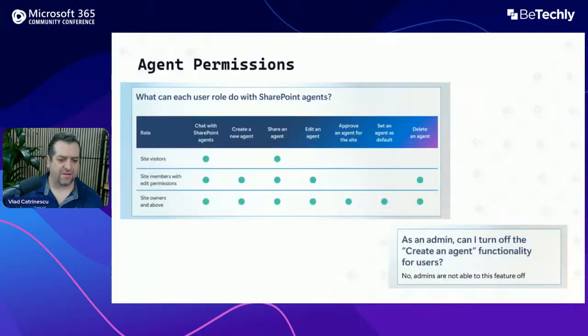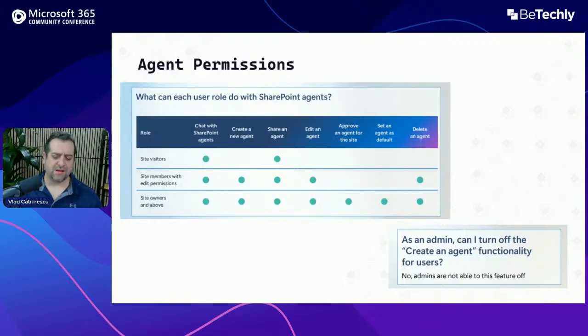I also have a really quick permission matrix here. So who can do what? You can see everybody can chat with the SharePoint agent. Members with edit permissions and site owners and above can create a new agent. They can also edit it, but only site owners can approve an agent and set an agent as default.